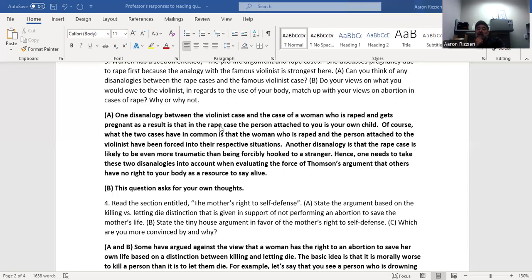Another disanalogy is that the rape case is likely to be even more traumatic than being forcibly hooked to a stranger. Hence, one needs to take these two disanalogies into account when evaluating the force of Thompson's argument that others have no right to your body as a resource to stay alive.